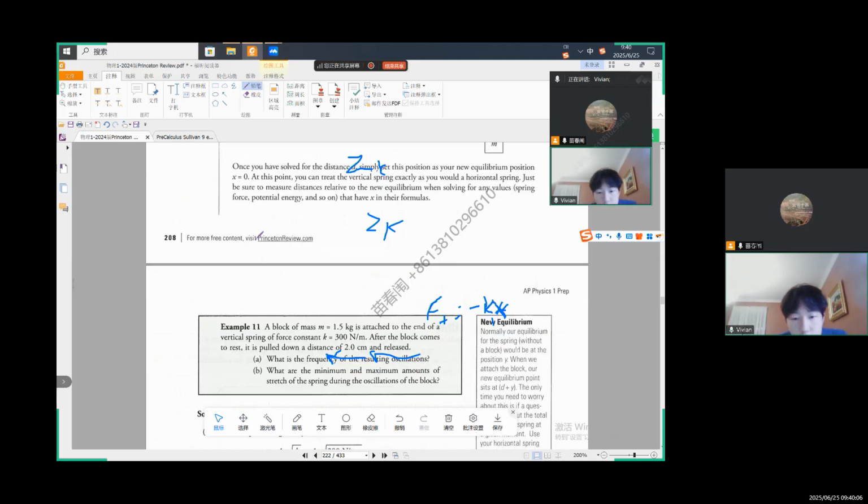Force constant K equals 300 N/m. After the block comes to rest, it is pulled down 20 cm. What is the frequency of the resulting oscillations? What are the minimum and maximum amounts of stretch of the spring?